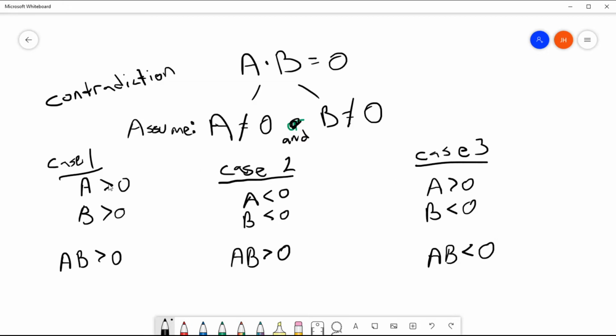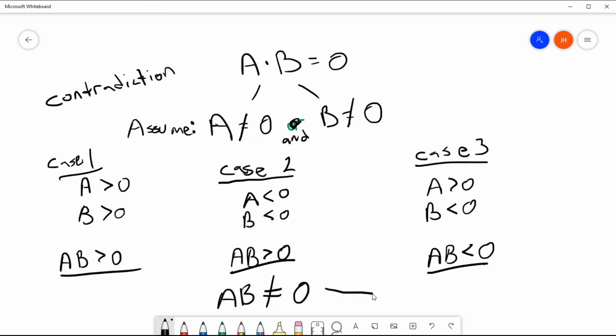So in the first case where they're both positive, their product would be positive as well. In the case where they're both negative, their product would be positive. In the case where one's positive, one's negative, their product would be negative. The key idea here is that in all three of the cases, AB does not equal 0, right?